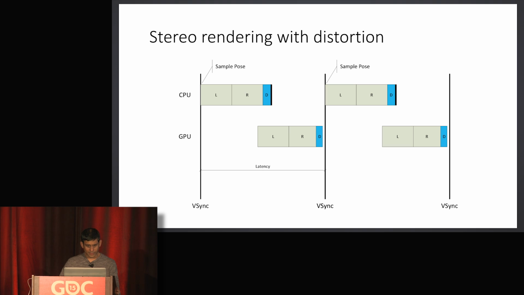So given that the app roughly samples a pose at the start of its scene traversal and rendering pass, and we start scanning out the frame at the next vsync, in this kind of scenario where the app is maintaining frame rate, you get roughly one refresh rate worth of latency from start to finish.